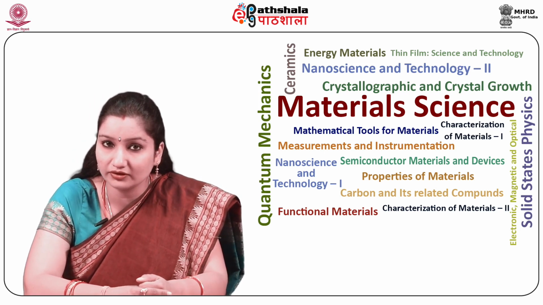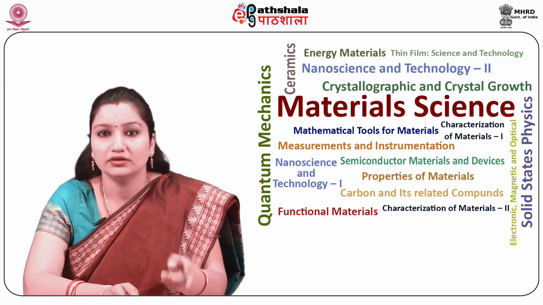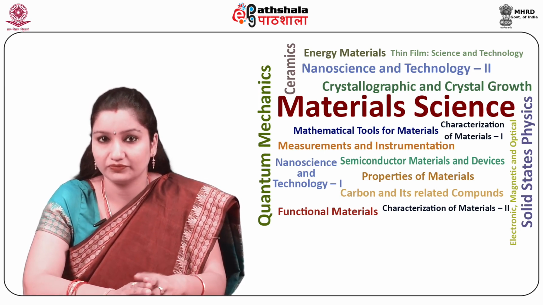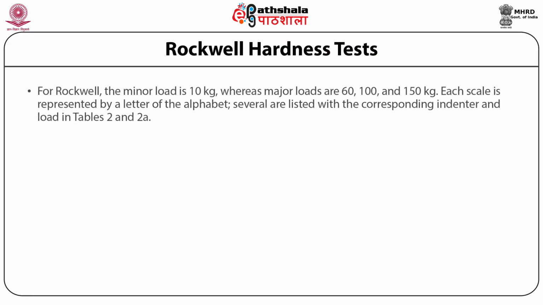On the basis of the magnitude of both major and minor loads, there are two types of tests, Rockwell and superficial Rockwell. For Rockwell, the minor load is 10 kg, whereas major loads are 60, 100 and 150 kilograms.